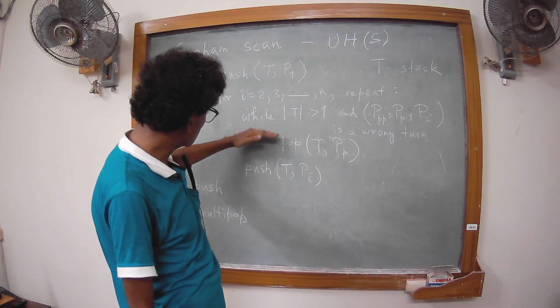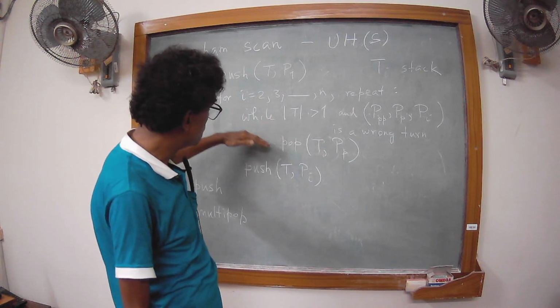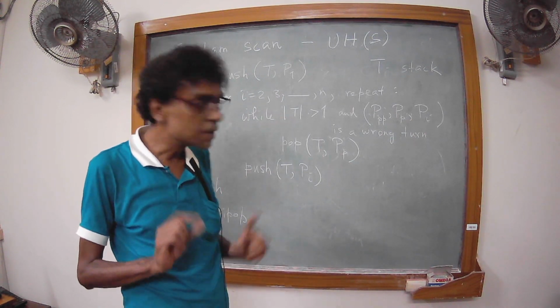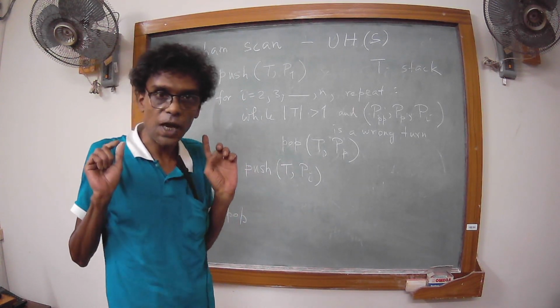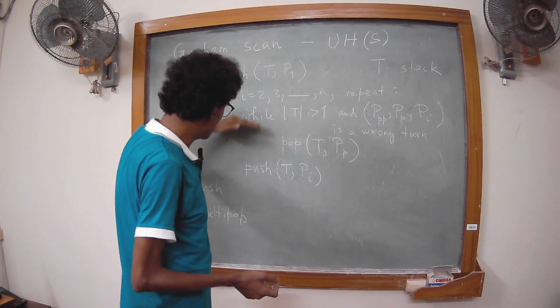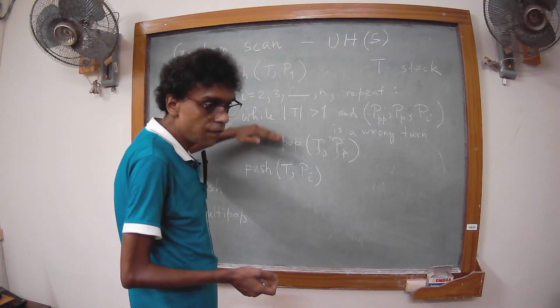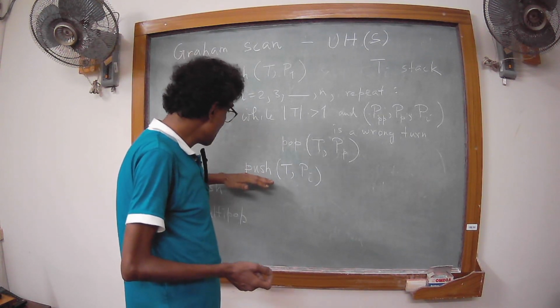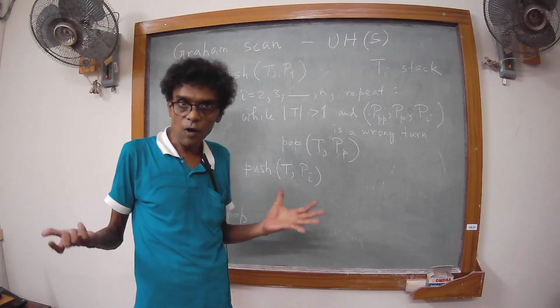So the total effort associated with this inner loop is never executed more than n minus 2 times in the worst case. So this total effort is big O of n. And there are n pushes, which is also big O of n.